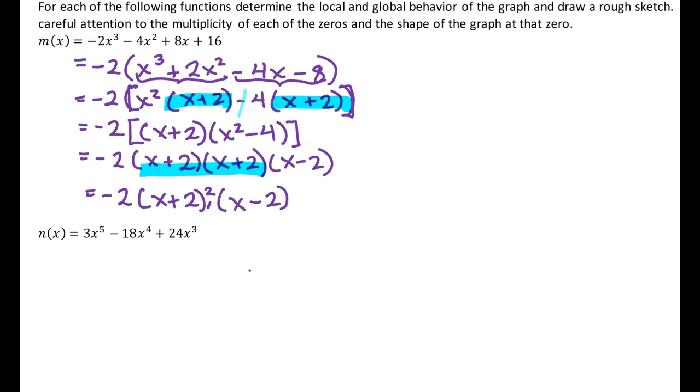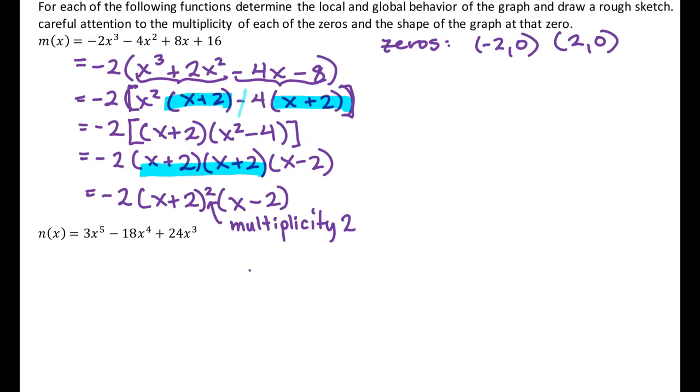And what we would say is that that factor has multiplicity 2, or we can even say that the x-intercept at negative 2 will have multiplicity 2. So we do have zeros at (negative 2, 0) and at (positive 2, 0). And we do want to note that this one has multiplicity 2, because that will matter when we're graphing.